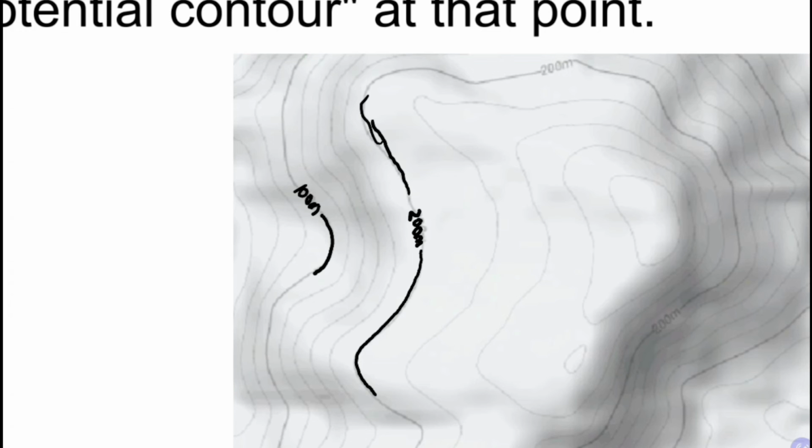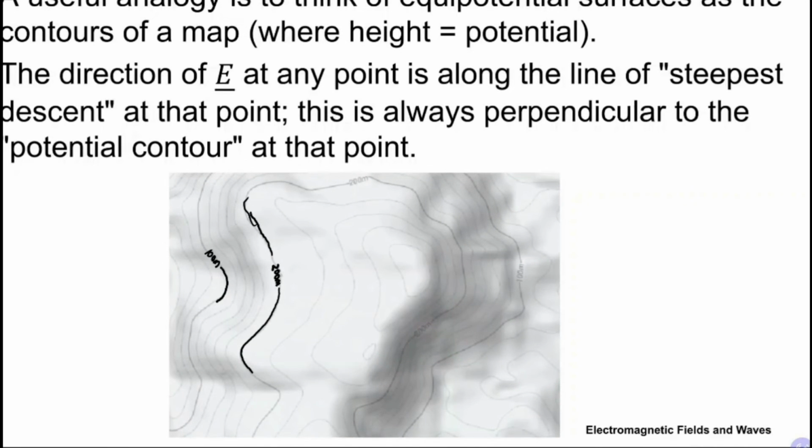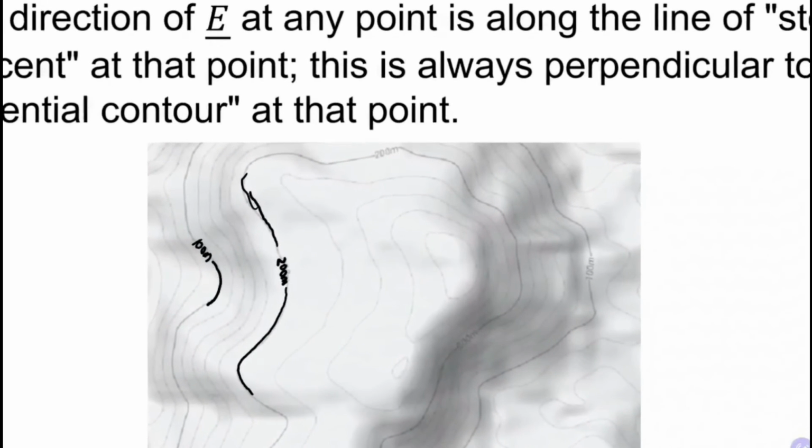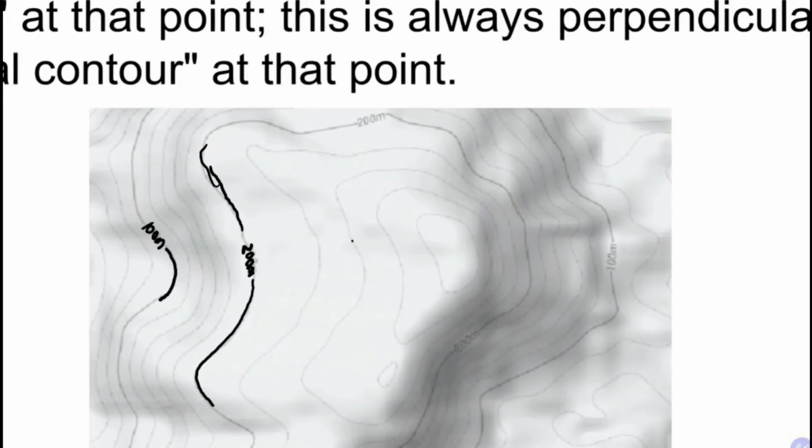The direction of the E field at any point is along the line of steepest descent. If you think of a hill, the steepest descent is if I take a right angle from this point to the next contour. If you climb a hill, very seldom are you going to climb going straight up, because it's very difficult.